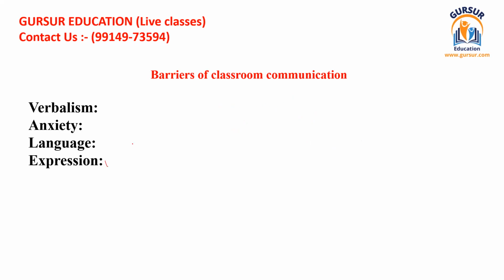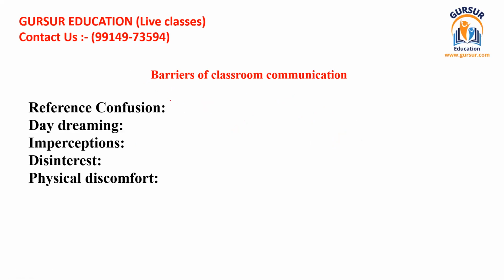Then there is expression. A teacher can express in the way in which he feels comfortable, but maybe that expression is not comprehended or understood by the student. So that also makes a barrier in classroom communication. Then there is reference confusion.